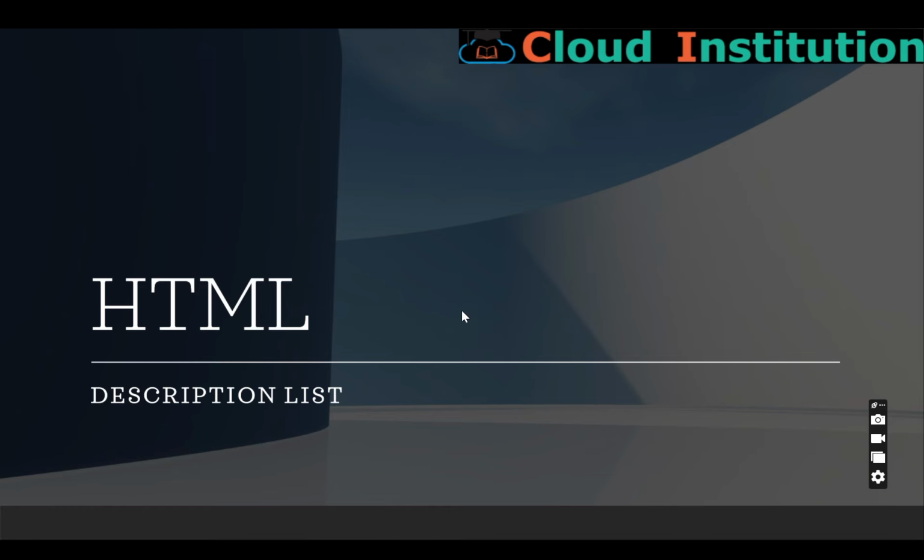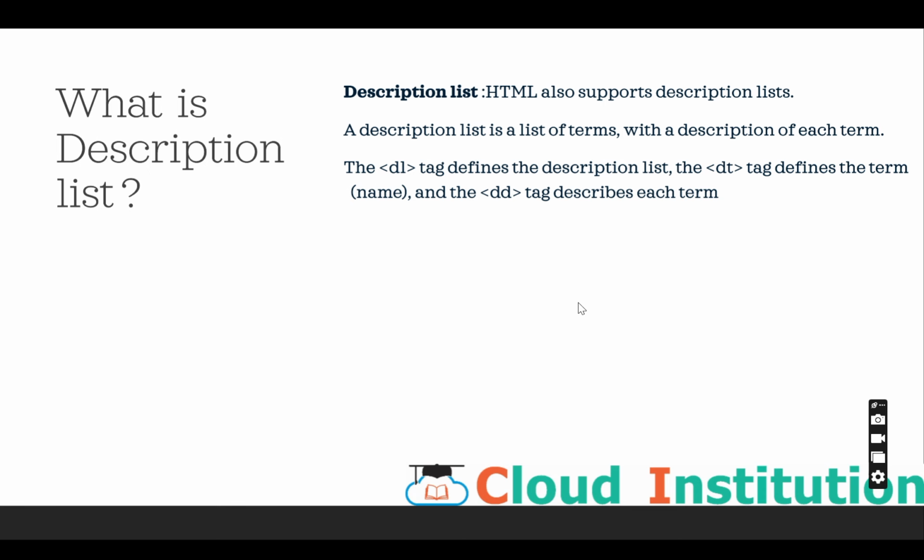First of all, we should understand what the description list is about. For example, in real time, if you go to a restaurant, you will see that the vegetable section is different and the non-vegetable section is different.